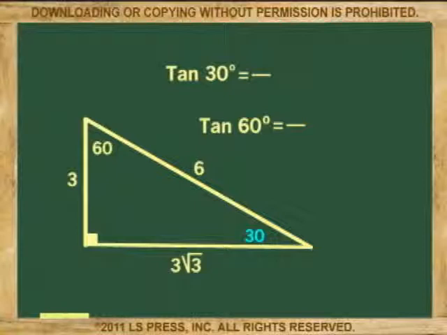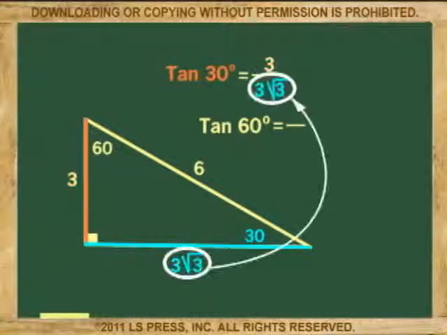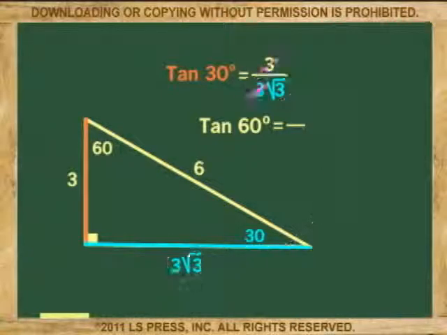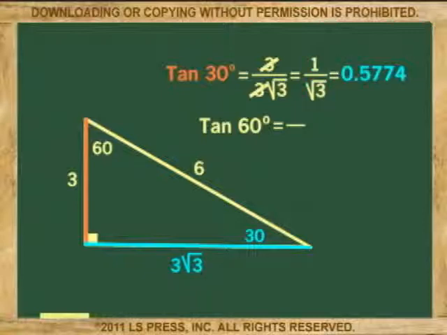Now, in calculating the tangent of an angle, we do not use the hypotenuse because to find the tangent, you need the opposite side of the angle over the adjacent side of the angle. So the tangent of 30 degrees is 3 over 3 root 3. Canceling the 3's, it becomes 1 over the square root of 3, or 0.5774.